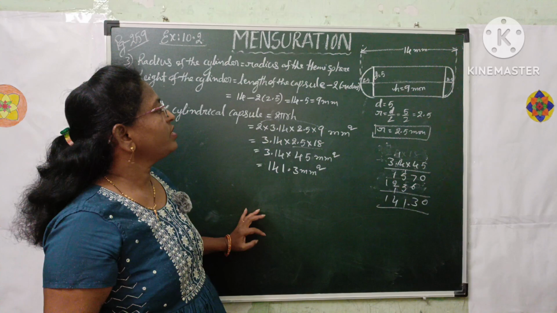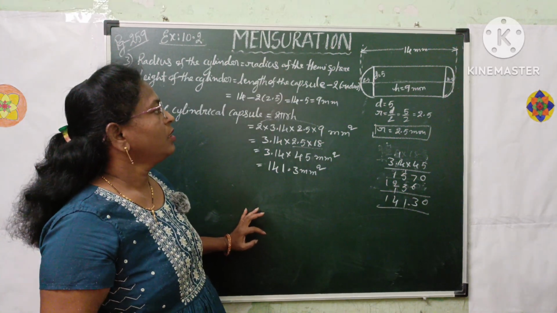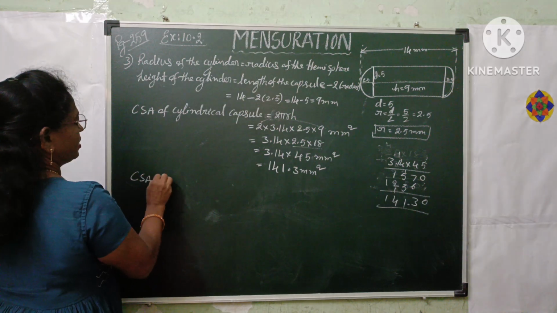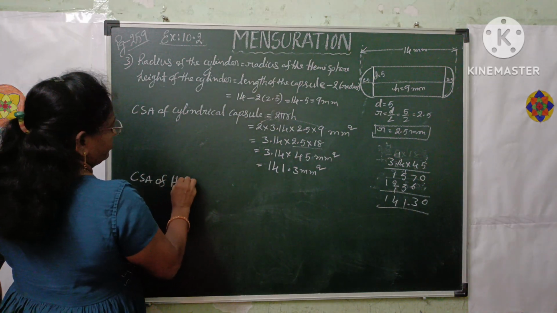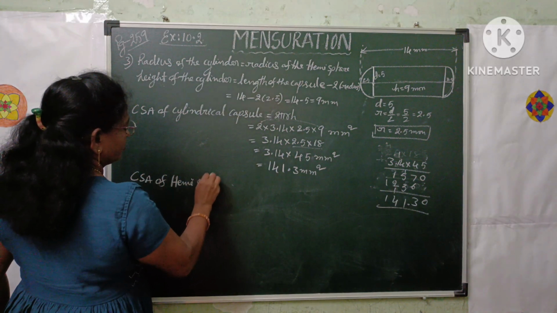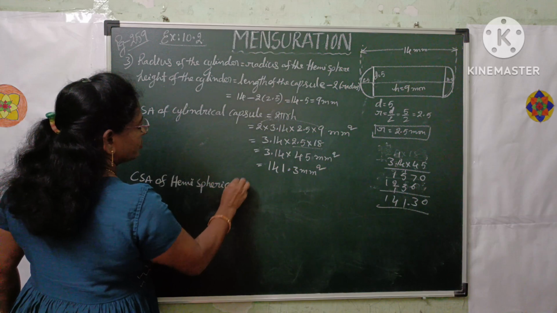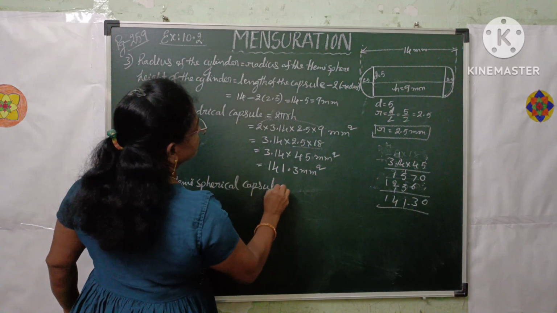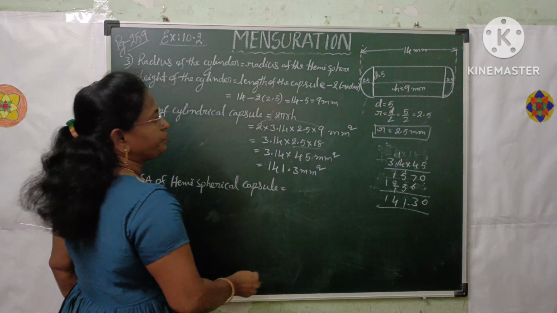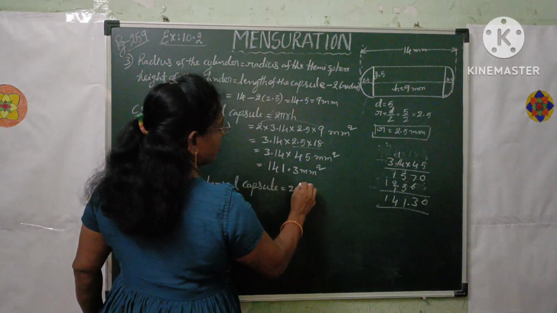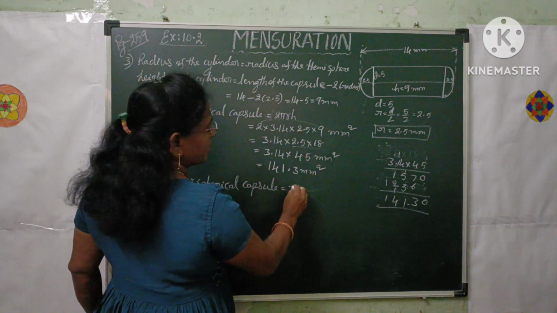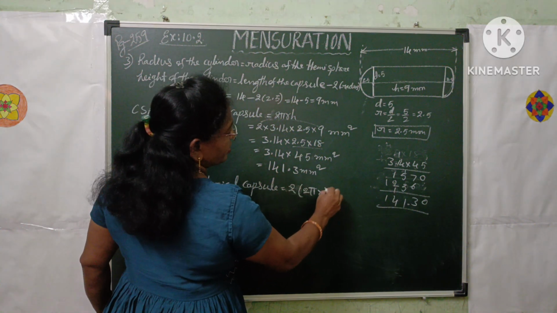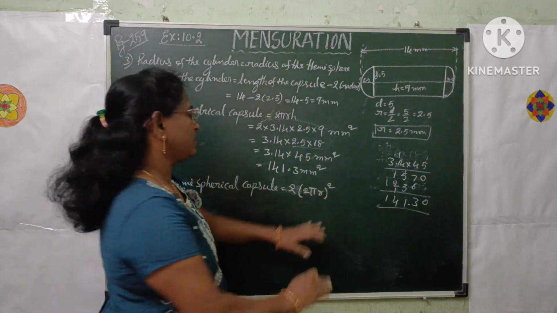Next, the surface area of the hemispherical portion. Next, CSA of hemisphere 2 pi r. No, 2 hemispheres. So that is 2 into the surface area of the hemisphere, which is 2 pi r square.